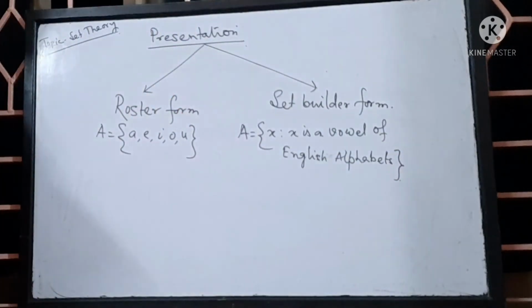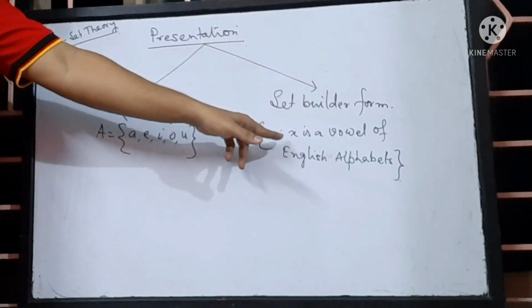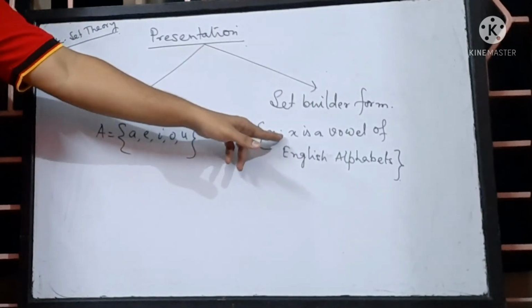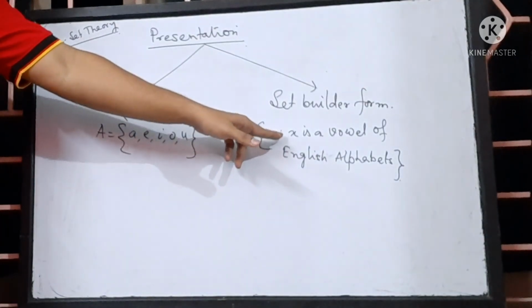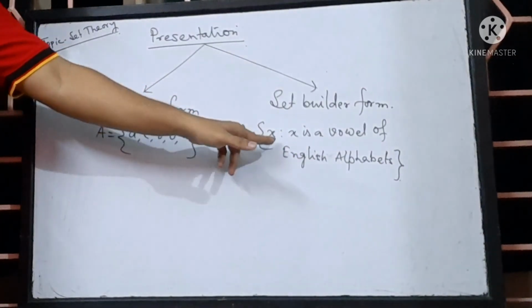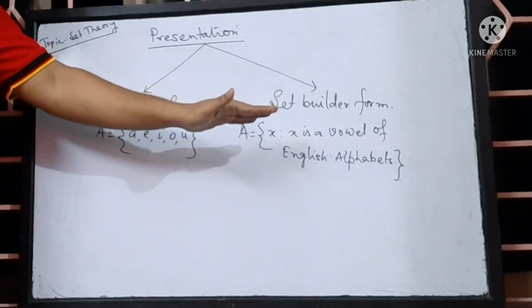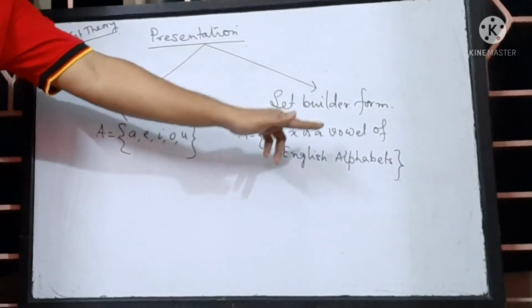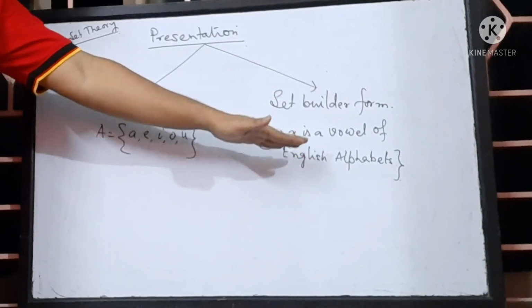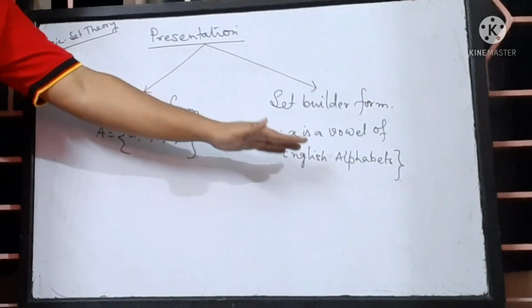So we have already seen the notation. These two dots are read as "set of all x such that x is a vowel of English alphabets." So this is the rule.